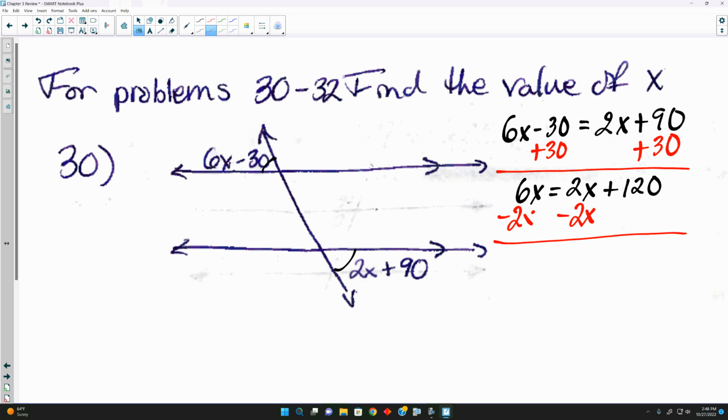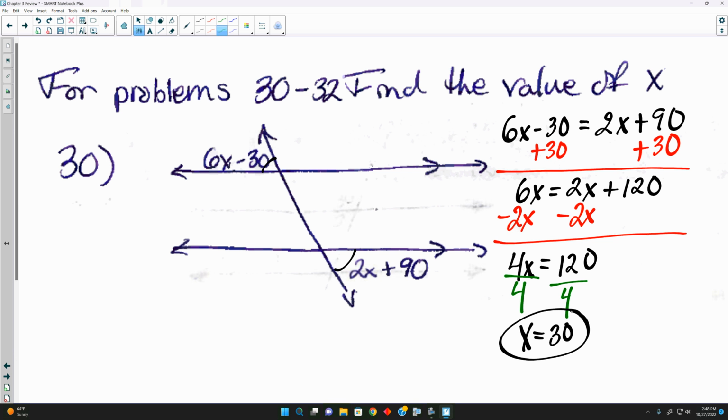Subtract 2x. 6x minus 2x is equal to, and last but not least, divide both sides by 4, telling us x is equal to 30. Looking back at the instructions, find the value of x. We found it, yes? We're done.